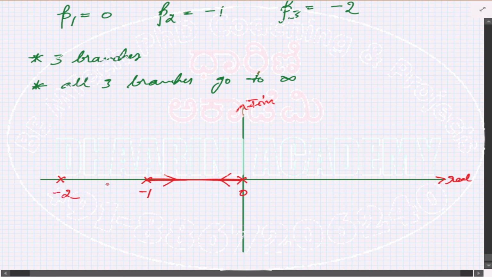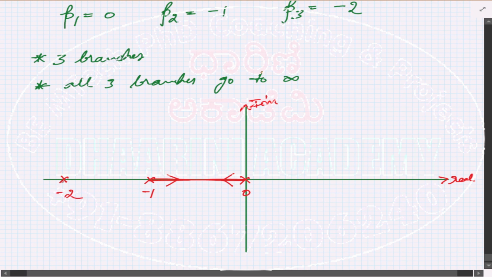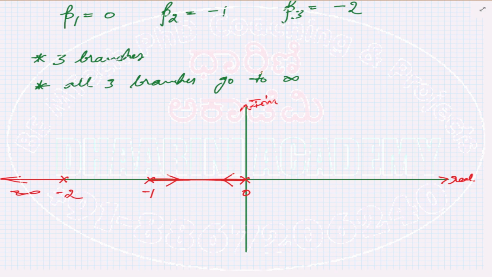Between -1 and -2 I don't have any, but from -2 onwards till infinity I am expecting the locus, which just goes towards infinity. All right, fine. That's my next step, and I understand that. This is done.